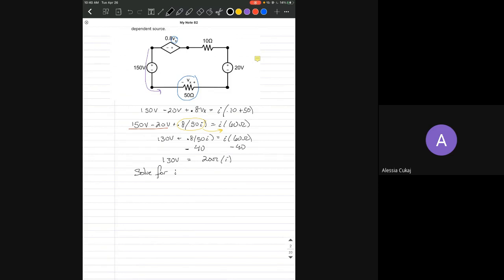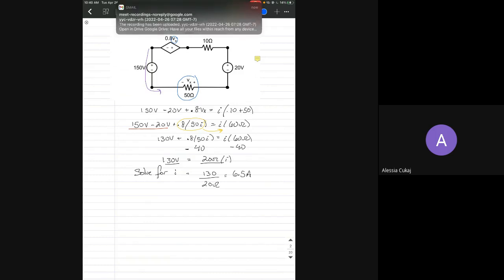This is obviously the first step before we get to the power part. So you basically do division: 130 divided by the 20 resistance. This should give you 6.5 amps.